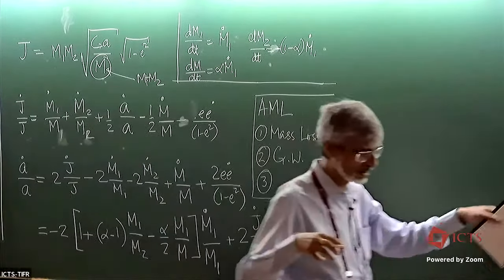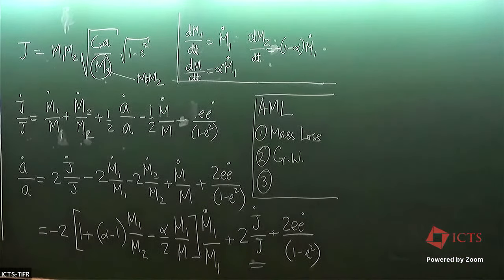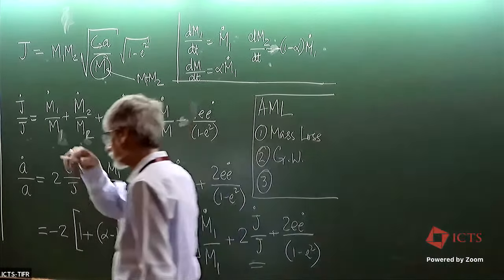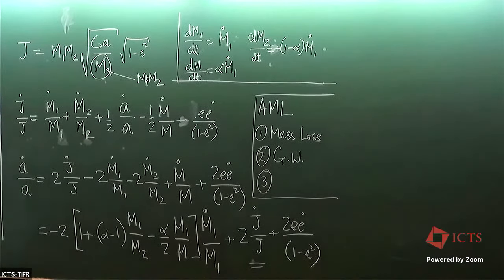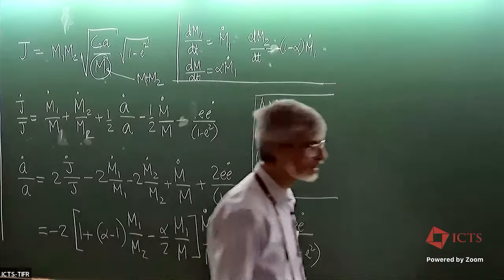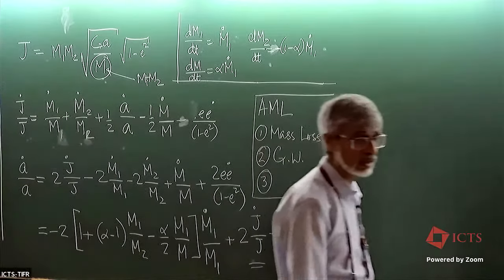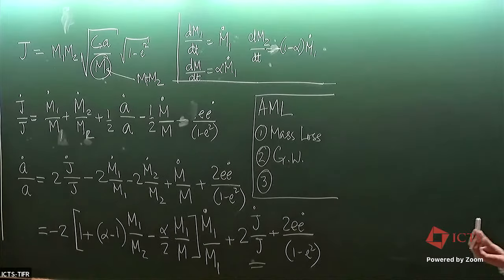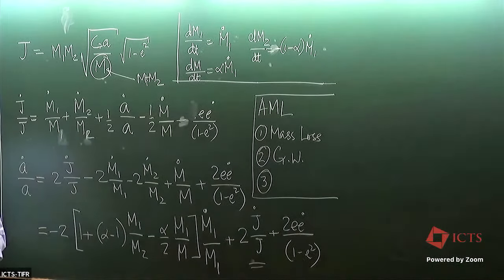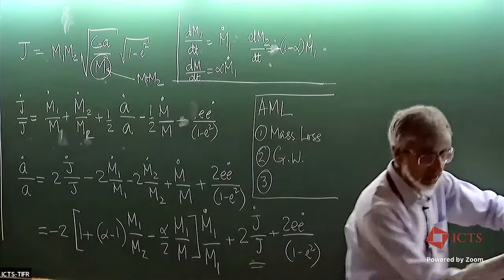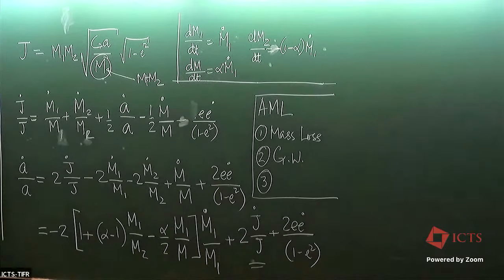When you have these big, extended objects in tidal interaction, if the spin of the star and the orbital angular frequency are not the same, then what happens is that the tidal interaction raises a tide, and that tide tends to move away from the line joining the two stars, because the other star is spinning at a frequency which is not locked to the orbit.